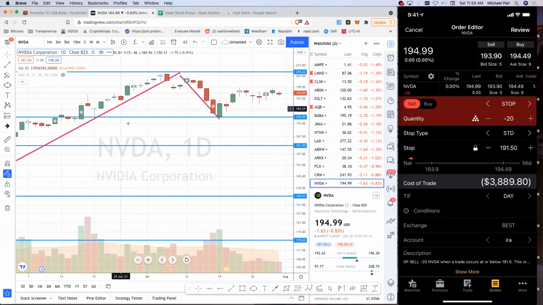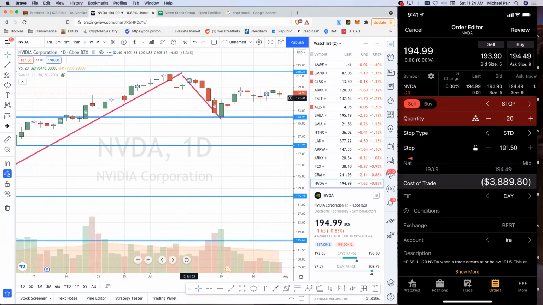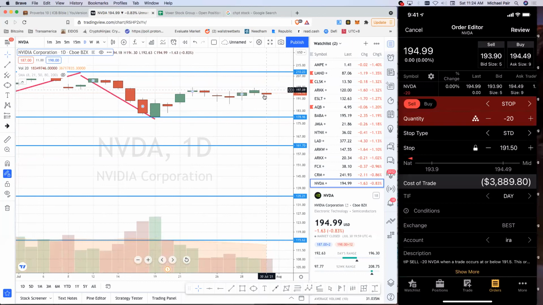Let me find a gap down. A gap down would be where you close at a higher point and you open lower than you close. Okay, so here's a gap down. You closed here at 196.62, and the next day it opened at, let me see, looks like 194.93.